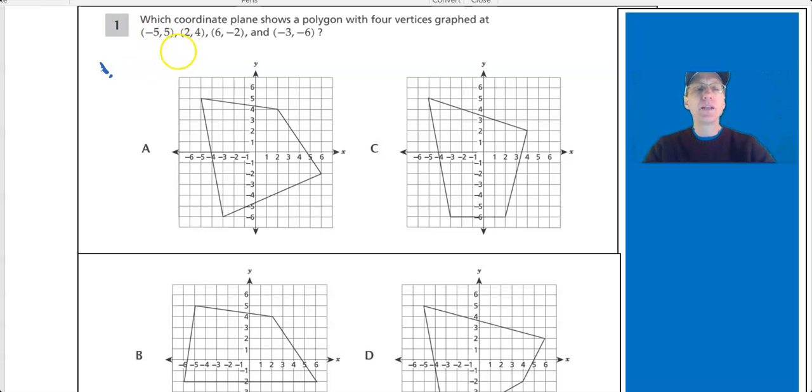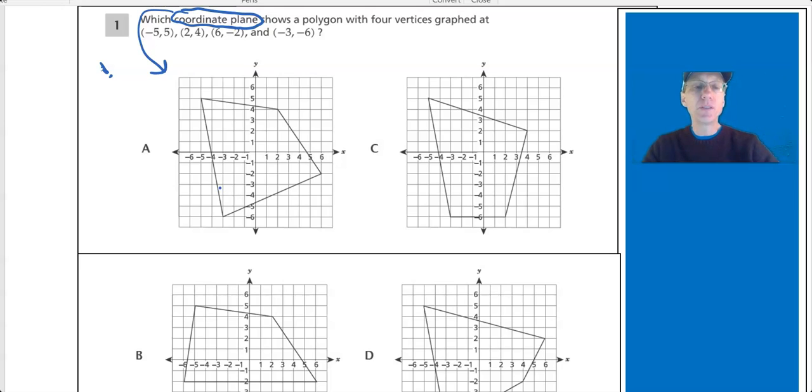So we're looking here at number one, which is: which coordinate plane shows a polygon with 4 vertices graphed at, and it gives you these sets of ordered pairs. First of all, coordinate plane. I think you guys did a really good job covering that. This is the coordinate plane right here, and coordinate planes have graphing points on them. X and Y axis, really important.